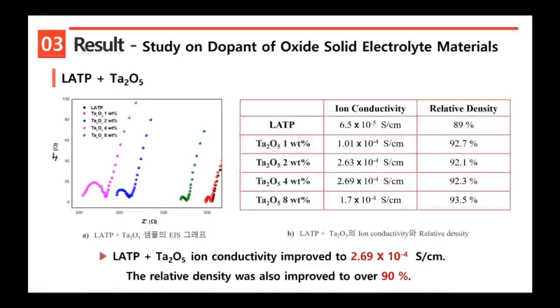In addition, the relative density of all pellets produced with tantalum entered the 90% range, showing that the relative density was also significantly improved compared to basic LATP. However, from 8 weight%, ion conduction tended to decrease again.